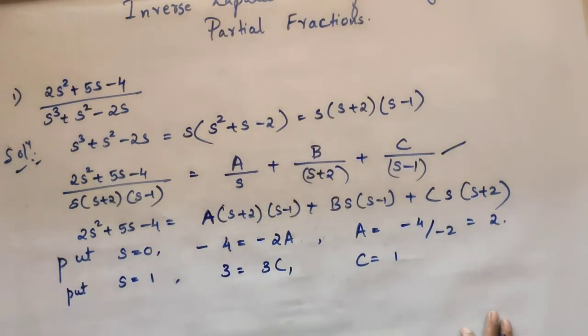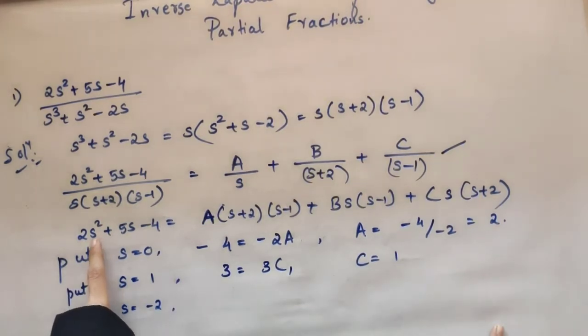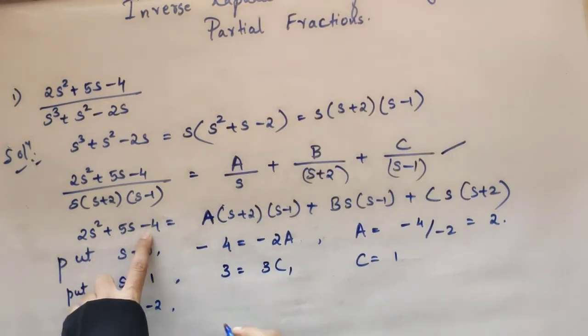Now finally, if you put s equal to minus 2, minus 2 whole square is plus 4, times 2 is 8. 8 minus 10, because here you have plus 5 into s, s is minus 2, so minus 2 into 5 becomes minus 10. So it will be 8 minus 10, minus 2, minus 4, minus 6.